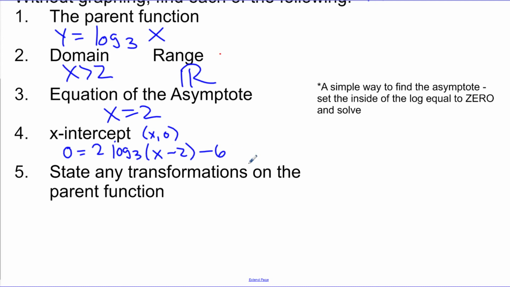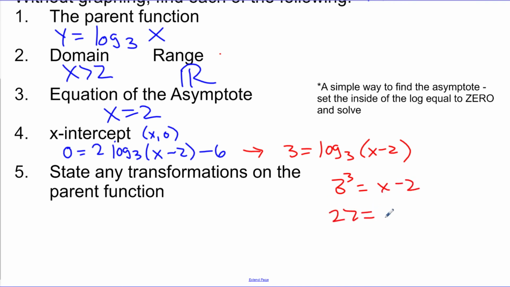We're trying to isolate this log. So if I turn this into its isolated form, it's going to say 3 equals log base 3 of x minus 2. Then I can do a log conversion here to solve. So 3 to the third power is equal to x minus 2. Well, 3 to the third power is 27. Equals x minus 2, so it looks like x has got to be 29. So in this case the x-intercept is the point 29 comma 0.